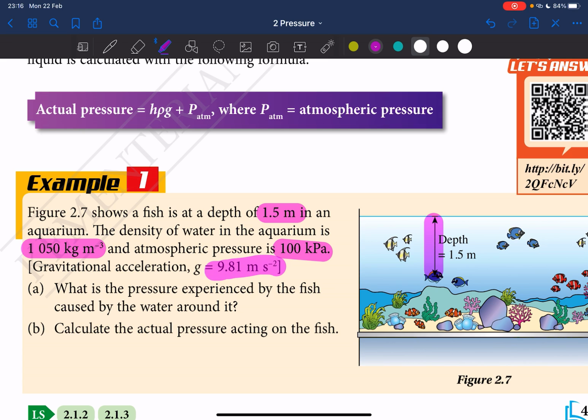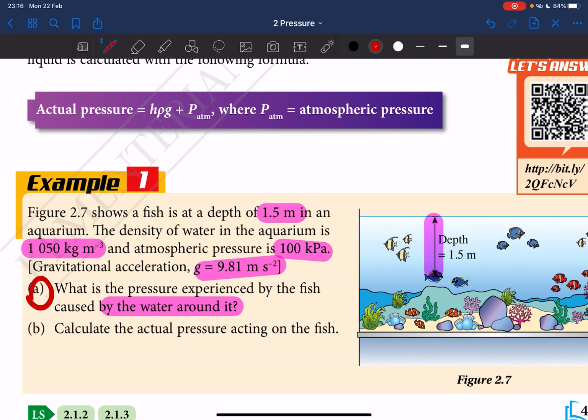You also get the gravitational acceleration here. So let's see question A. What is the pressure experienced by the fish caused by the water around it? It means the pressure in liquid.